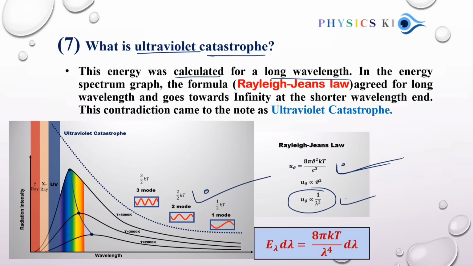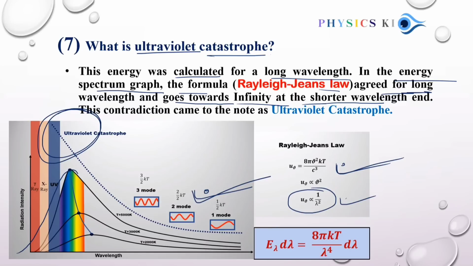But just check this other contradiction. What happened? In this energy spectrum graph, the Rayleigh-Jeans formula agreed for a longer wavelength. It is okay. And it goes forward to infinity at a shorter wavelength. But यहाँ पर फॉर्मूले के मुकाबले क्या होना चाहिए? हमारे ब्लैक बॉडी में होना ये चाहिए कि वो जीरो की तरफ जाना चाहिए.